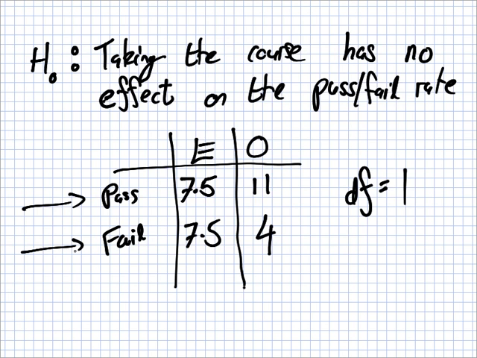So here we can have pass or fail, so that's 2 minus 1. In the last example, we could get a 1, 2, 3, 4, so that's 4 minus 1. Okay. Right, now before I do the calculation, what are we thinking? The class had an effect or had no effect?